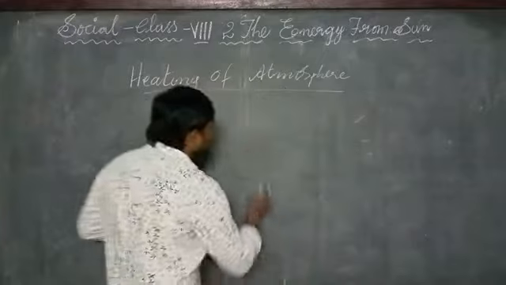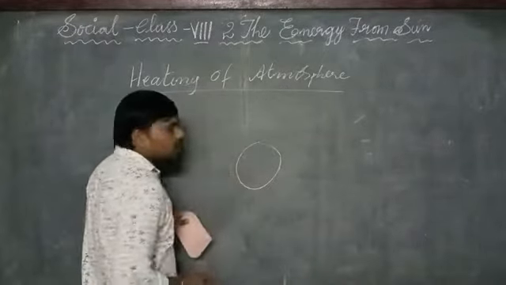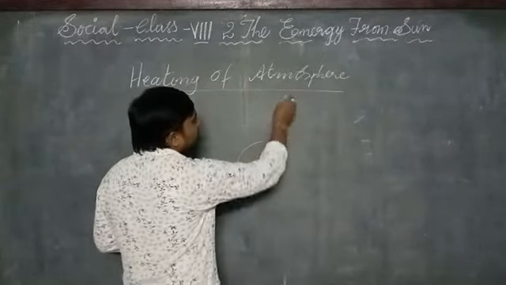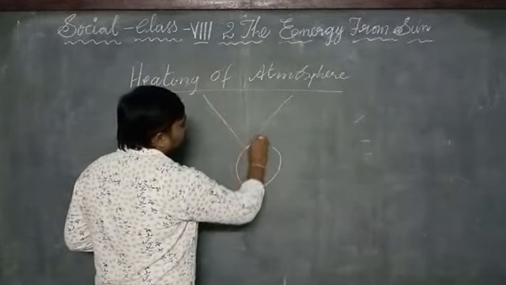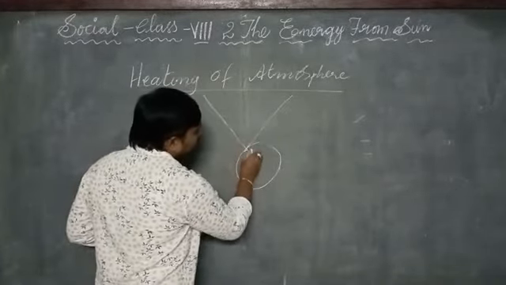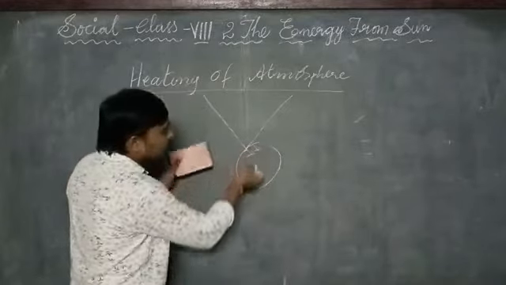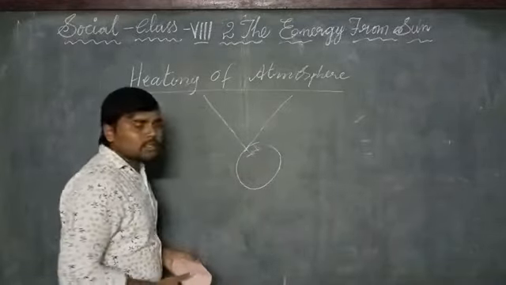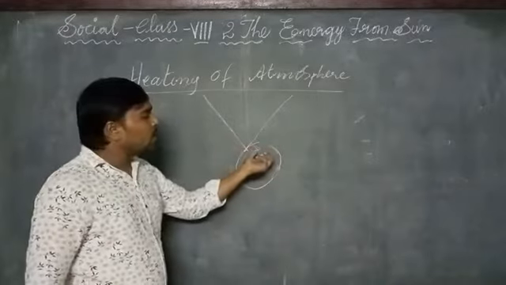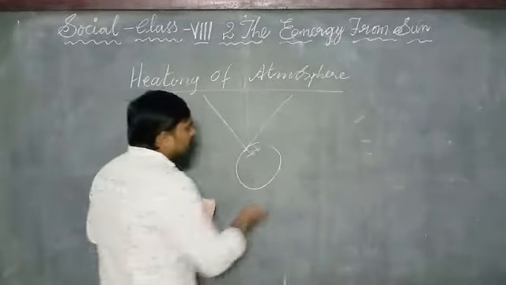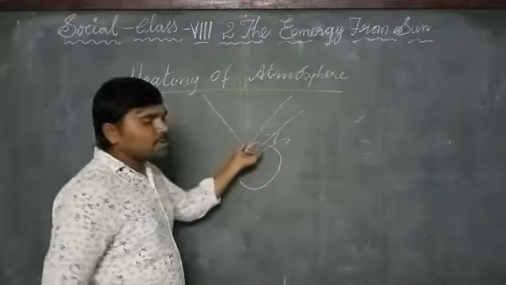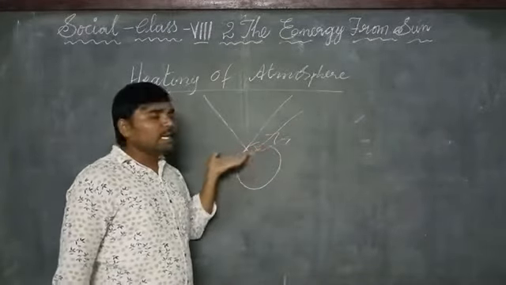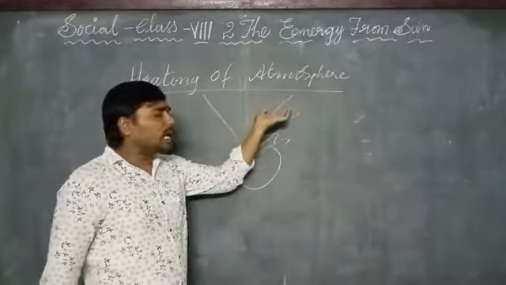Suppose sun rays are falling on the earth. Some sun rays are absorbed by the earth, and it gives out the remaining solar energy to the atmosphere.